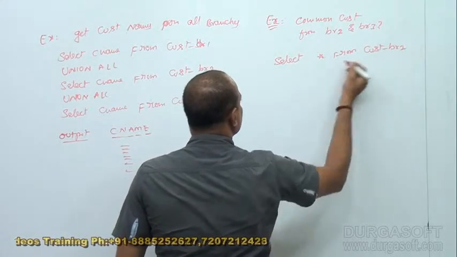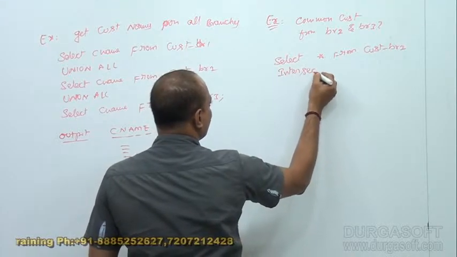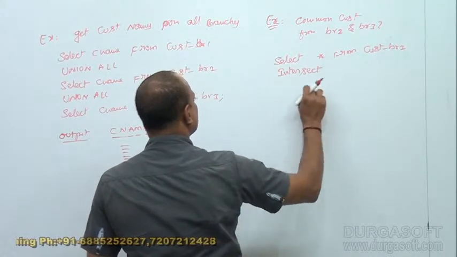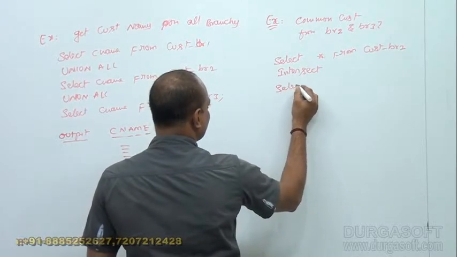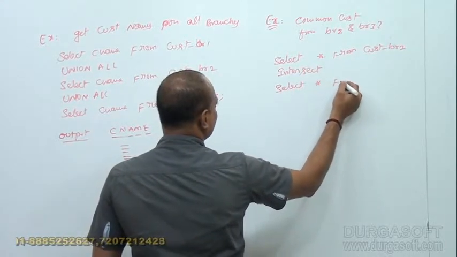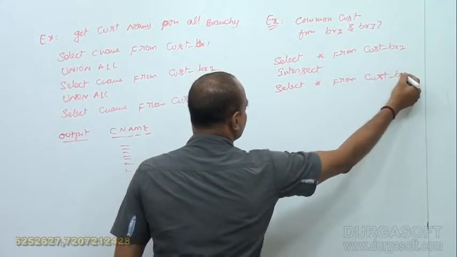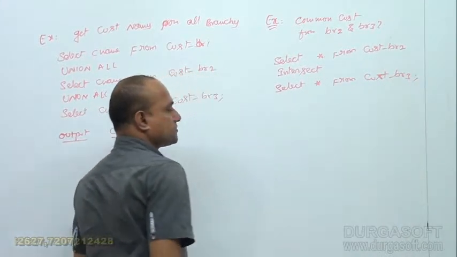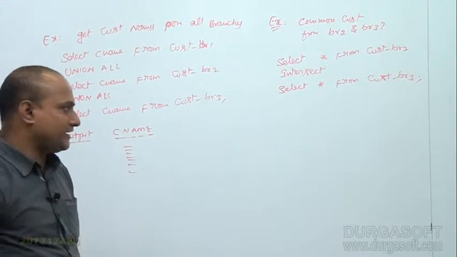Customers branch 2. You are requesting common customers, and common values are taken by the intersect operator. So intersect, select star from customers branch 3. Finish. It will get common customers from branch 2 and 3.